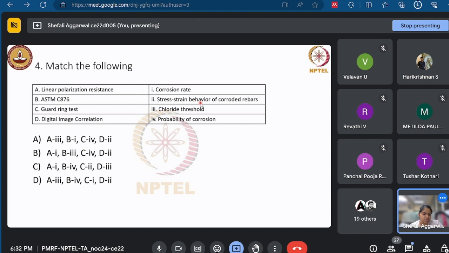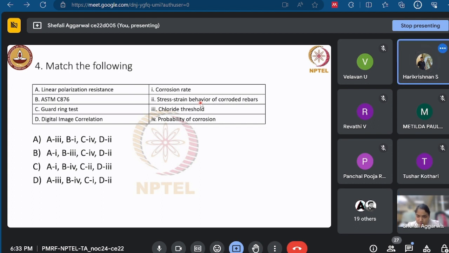Any guesses? We actually don't know regarding the tests. With the previous question, I would say it is C or D. We only know that ASTM C876 will give the probability of corrosion. So based on this, it is C or D.